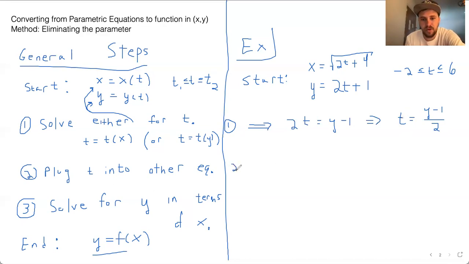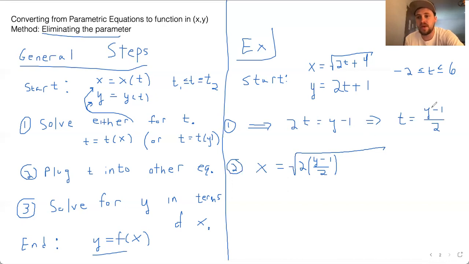So what's step 2? We plug this into the other equation. Well, we didn't use x, so we're going to have to say x equals the square root of 2 times t, but now t is y minus 1 over 2, and that's what we substitute in. And this is where we eliminated the parameter, right? This is hence the name, eliminate the parameter. When we solve for it and plug it in, it eliminates it from the resulting equation.